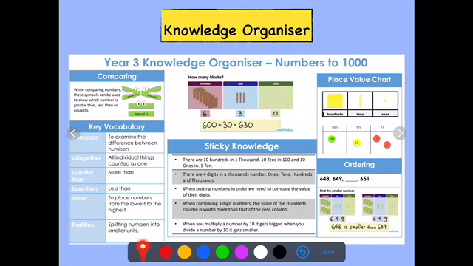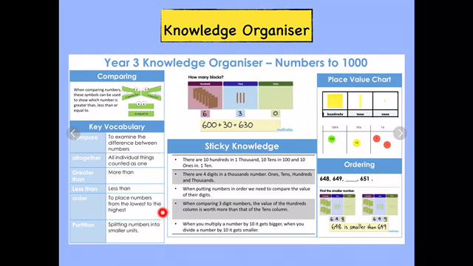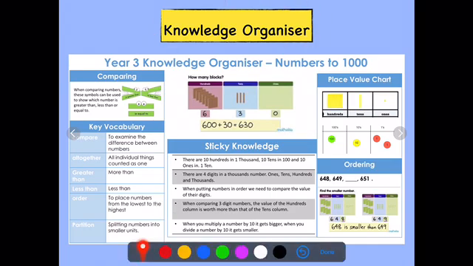Your turn. My turn, order. Your turn. My turn, partition. Your turn. Here are the definitions for those pieces of vocabulary, just in case you're not quite sure. Always come back to your knowledge organiser if you need some handy hints.